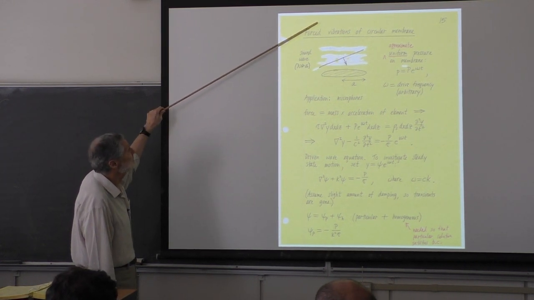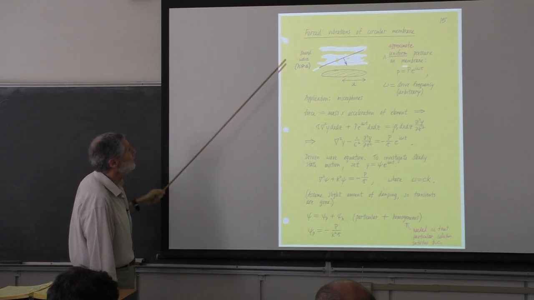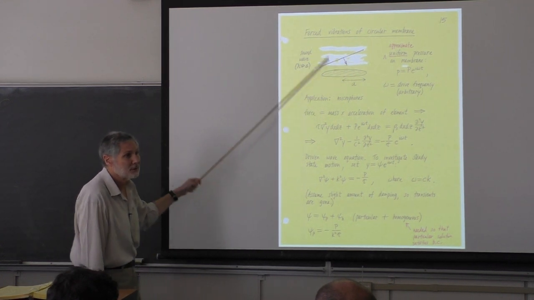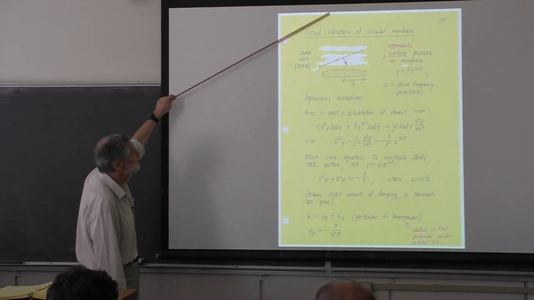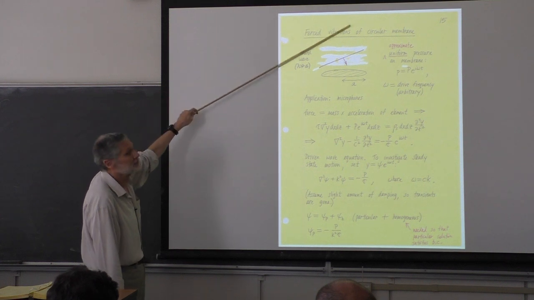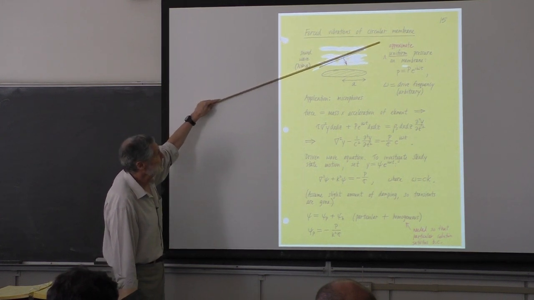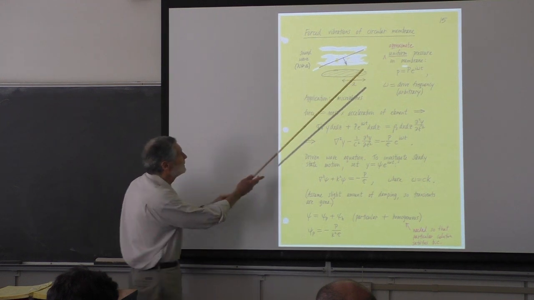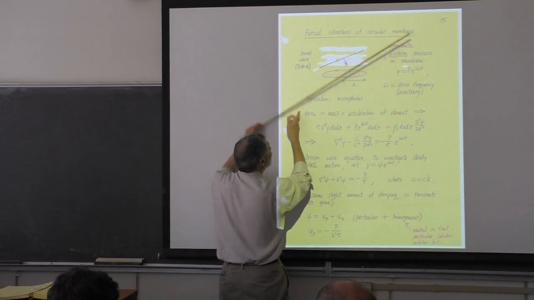But the typical situation here is that the wavelength of the sound is much bigger than the radius of the membrane. So what that means is, in other words, if this is a crest, the next crest is way up here, okay? So what does that mean when the sound wave passes over the membrane here? What's the difference?